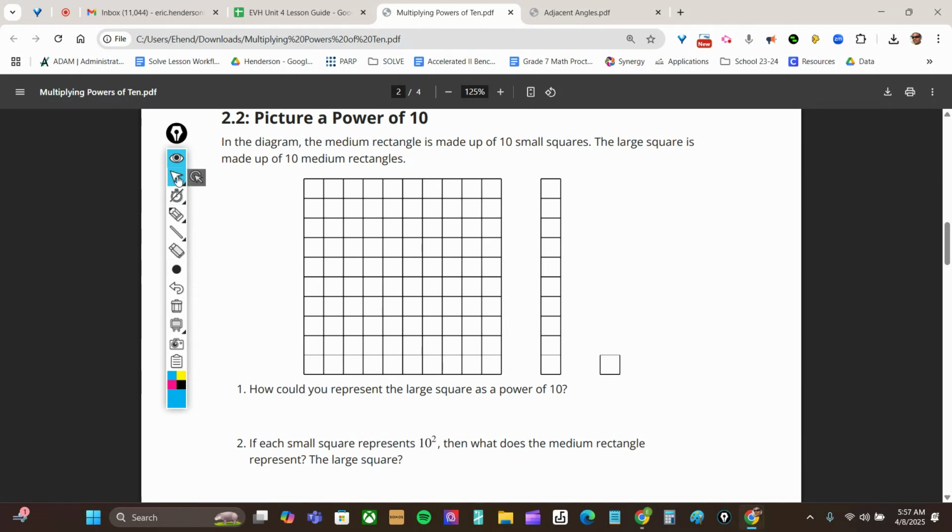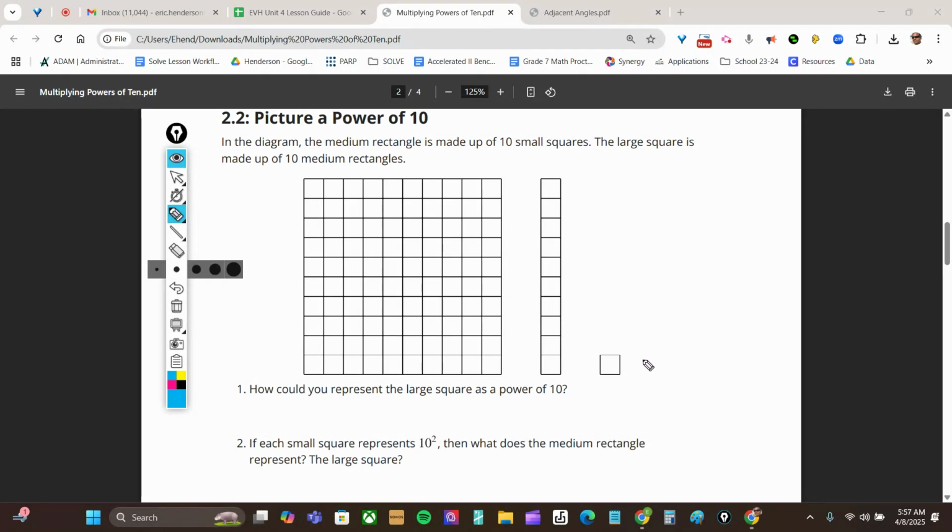Alright, so it says here in the diagram, the medium rectangle is made up of 10 squares, so that's here. The large square is made up of 10 medium rectangles. Okay, so there's 10 of these, all the way across. How could you represent the large square as a power of 10?